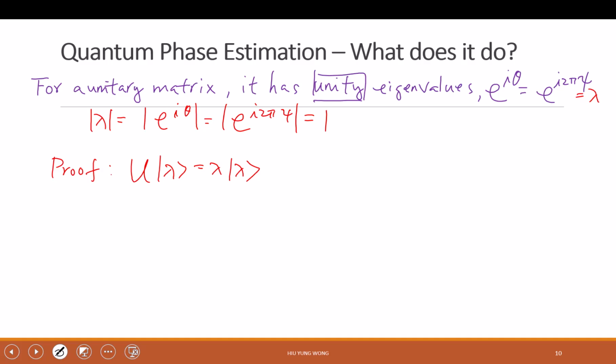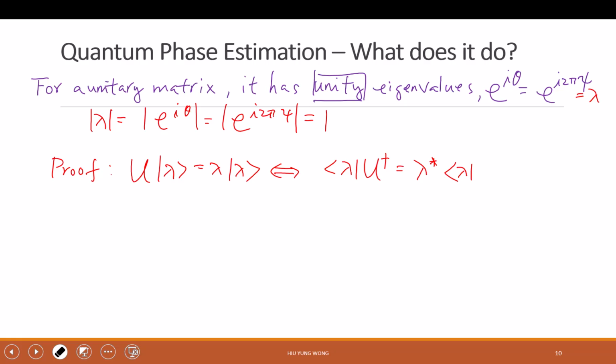Now I try to find its conjugate, the dual correspondence. What do I get? Of course, I will get the bra form of the vector, and then U dagger equals lambda star times the bra. Is this correct?